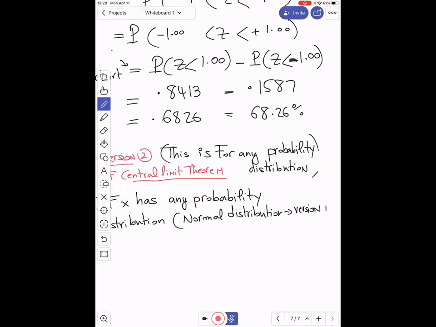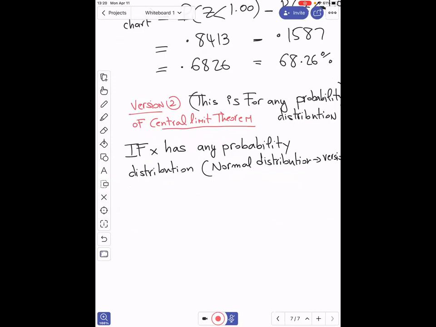So if X has any probability distribution, not necessarily normal, with population mean mu and standard deviation sigma.